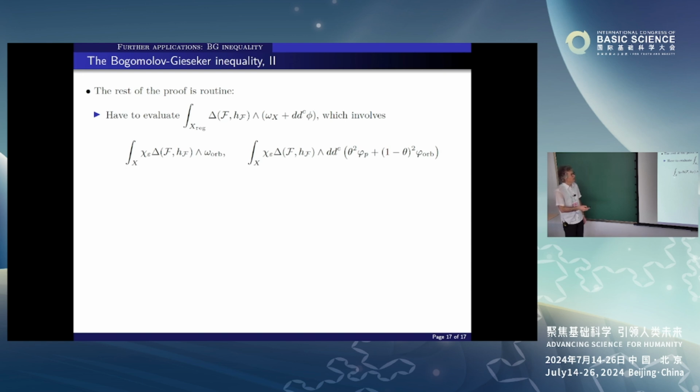One is chi epsilon times this, where we replace the metric here with the orbifold one. And the other is chi epsilon of the discriminant times the Hessian of this. So this is a linear combination between the potential of the metric near the point and the orbifold potential, right? And theta is the cutoff function, and chi epsilon is a family of truncation functions converging to the identity on X minus our set of points.